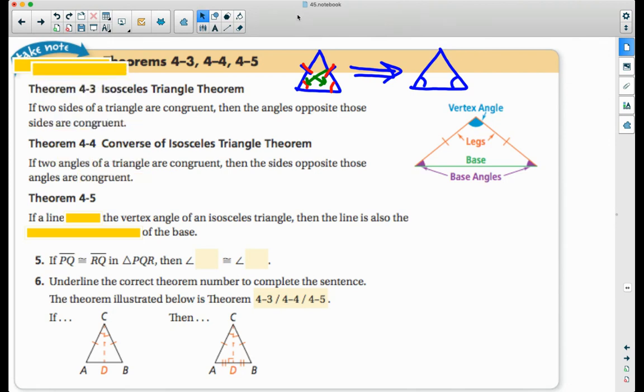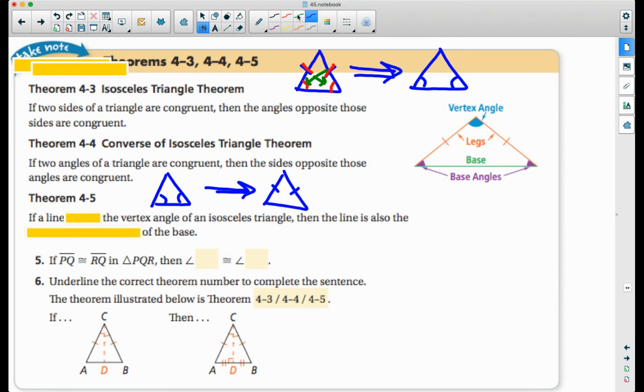So the other way is that if I have a triangle where I know two angles are congruent, then that tells me the two sides have to be congruent. Okay? So that's what an isosceles triangle is. You can either determine it's isosceles from knowing two sides are congruent or from knowing two angles are congruent.